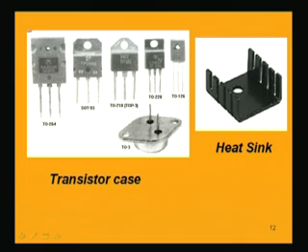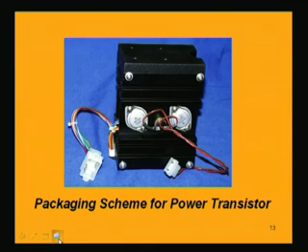So this is one example of a heat sink and the packaging for the power transistor. It is a sink on which the cases of the transistor are bolted, and there are fans also inside the heat sink. Actually the fans are there for cooling the transistor in the heat sink. So it is just a picture showing the heat sink along with the transistor case.